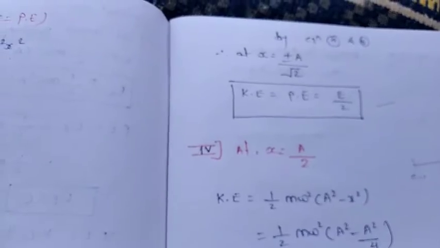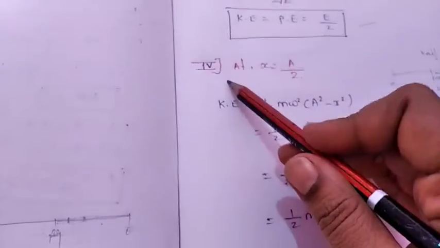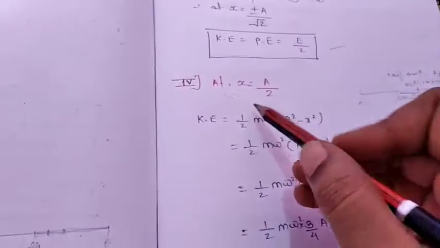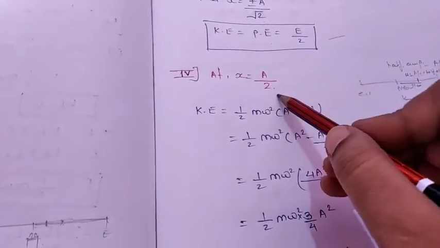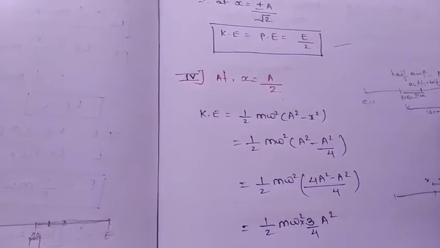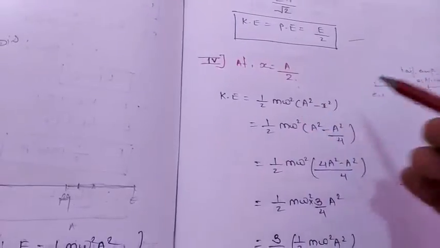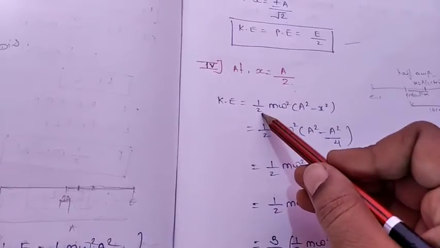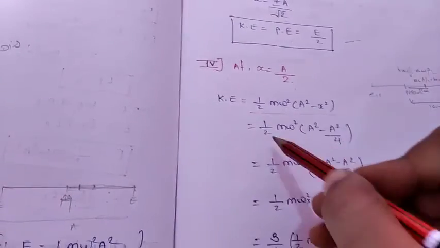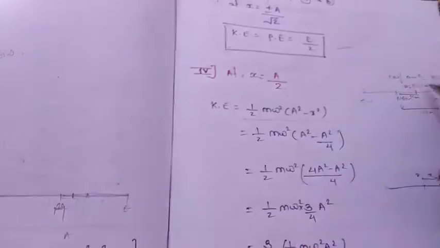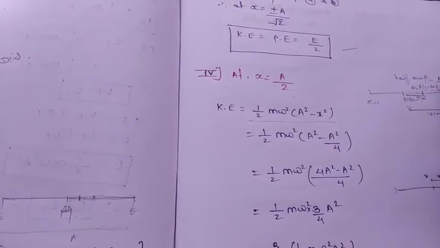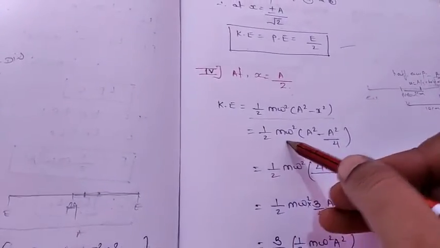The next case, the 4th case, is at x is equal to a by 2, that is, x is half of the amplitude. So at a by 2, the kinetic energy is equal to, this is the formula, 1 by 2 m omega square.